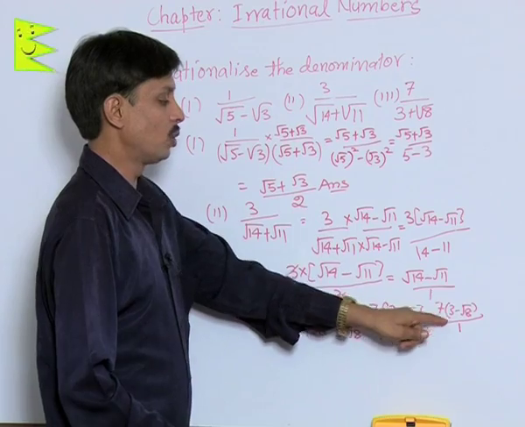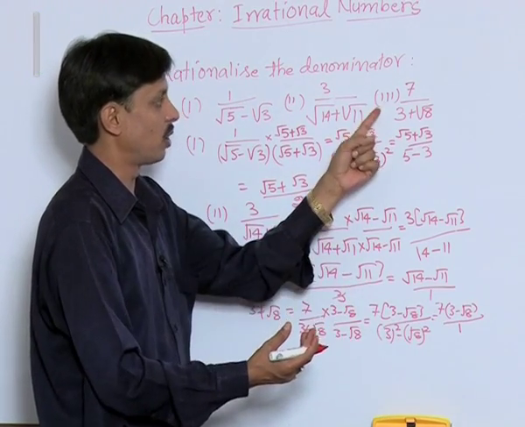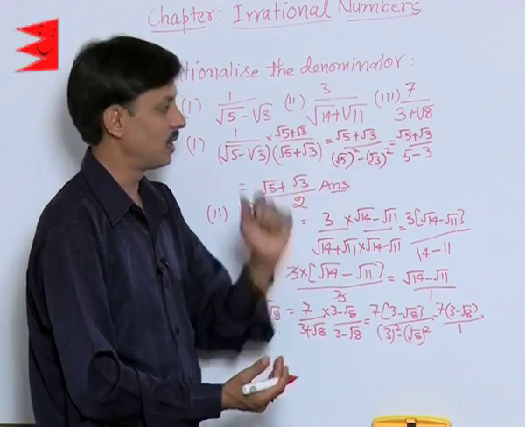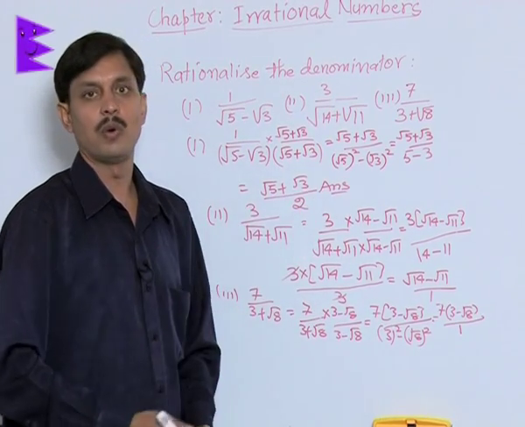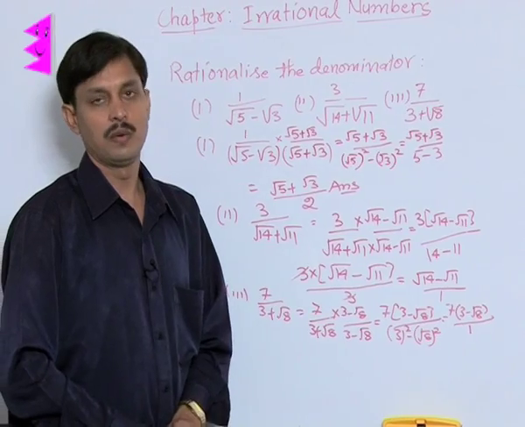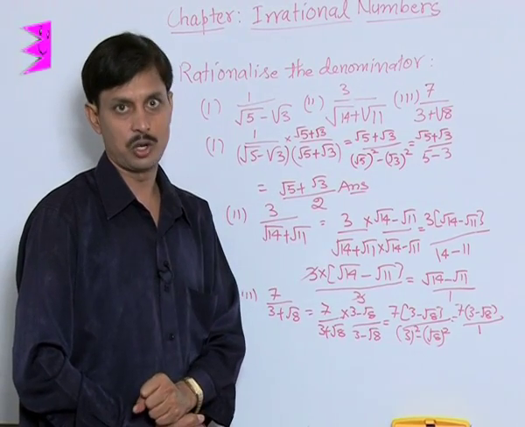So 7 into 3 minus root 8 is the answer of this part after rationalizing the denominator. For the same type of question you can do a lot of practice to make your maths strong.